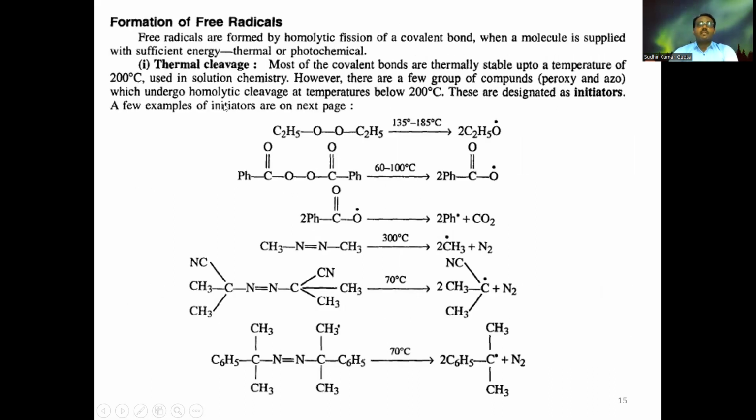Now, if we look at how these species are formed, the formation of these radicals can take place by thermal cleavage or photolytic cleavage. One of the necessary conditions is that the substrate should contain linkages which can undergo homolytic cleavage, which is easily found in peroxide compounds, that is, the single bond between oxygen and oxygen.